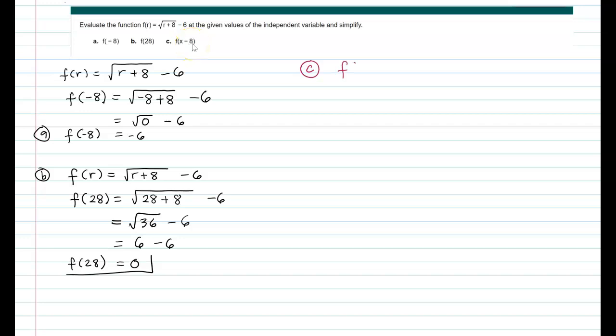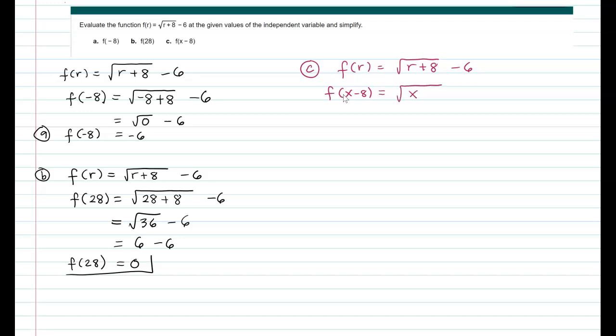So you were given f of r equal to the square root of r plus 8 minus 6, and since we want to solve for f of x minus 8, we will replace our r in the equation here by x minus 8.